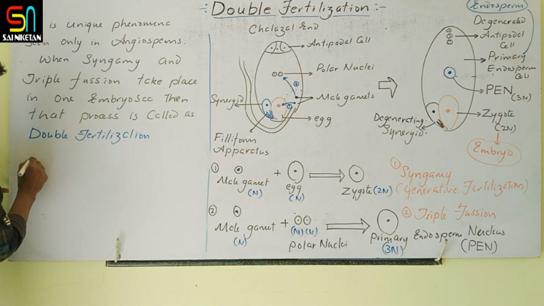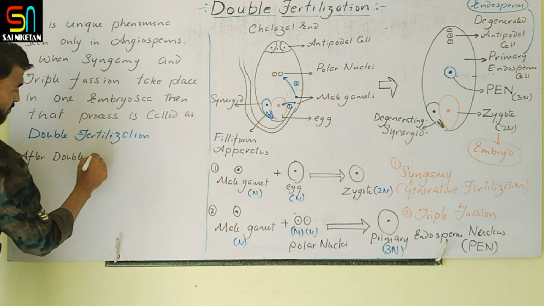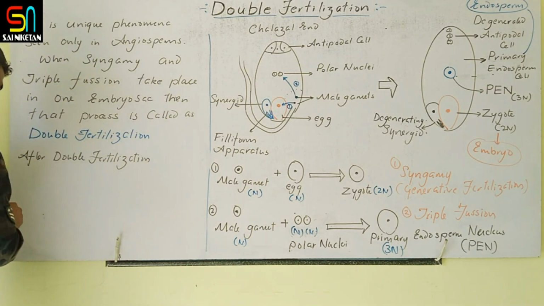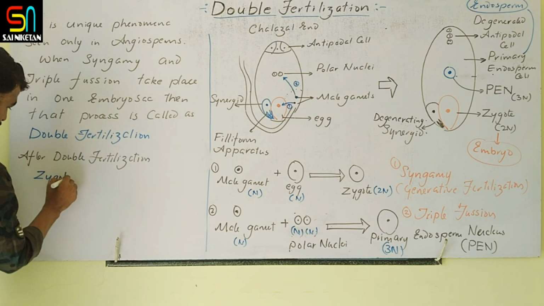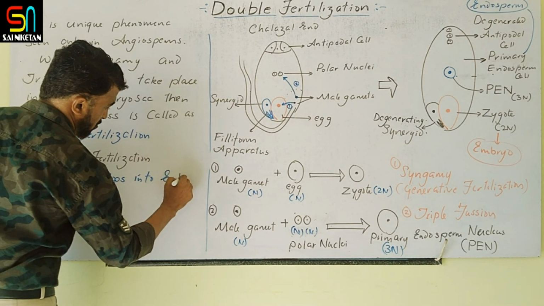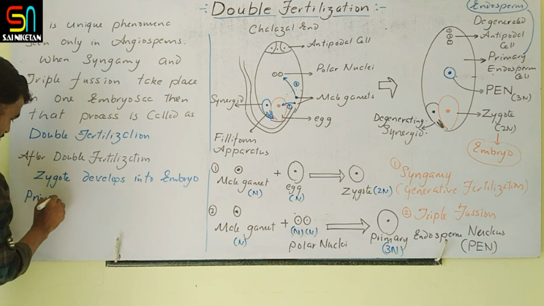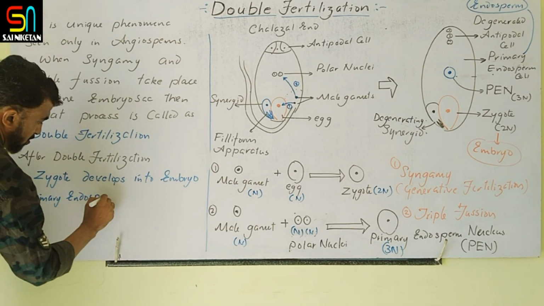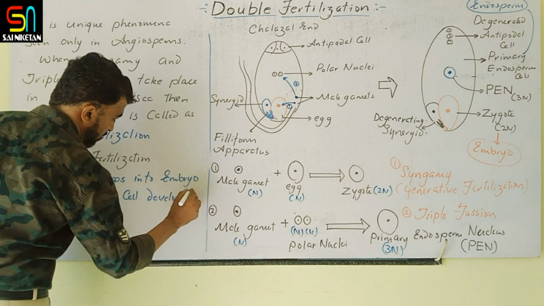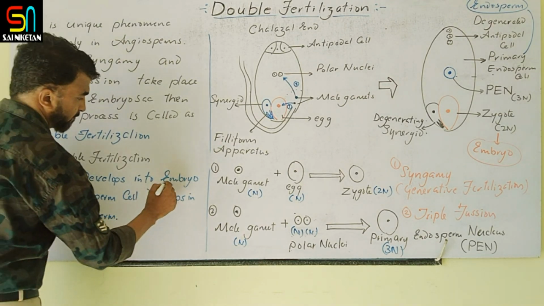After double fertilization, the zygote develops into the embryo and the primary endosperm cell develops into the endosperm.